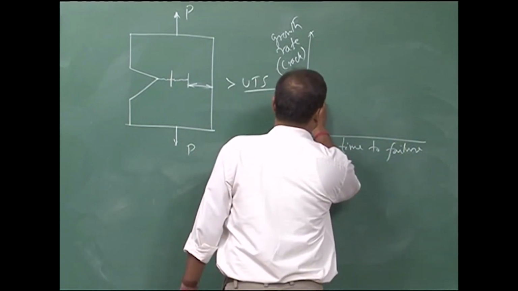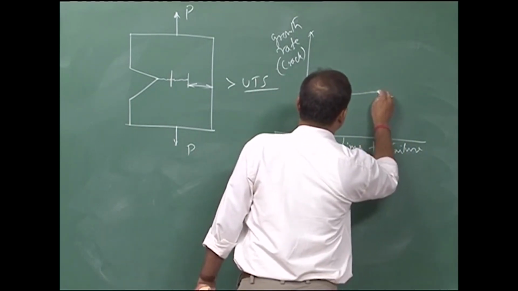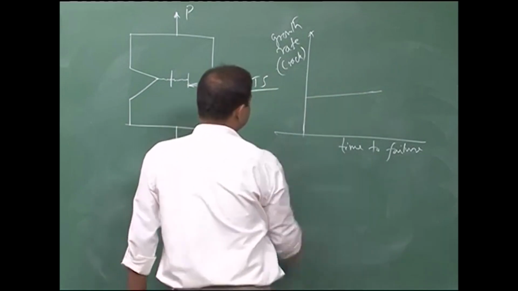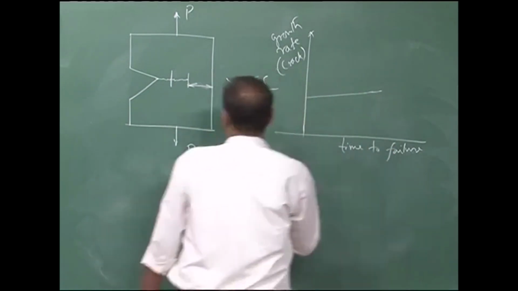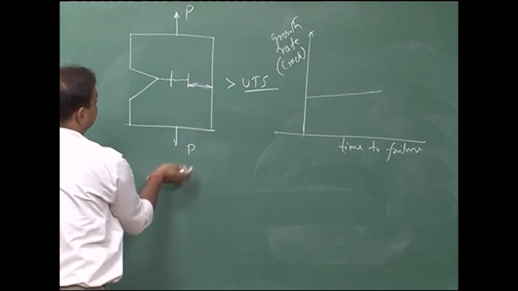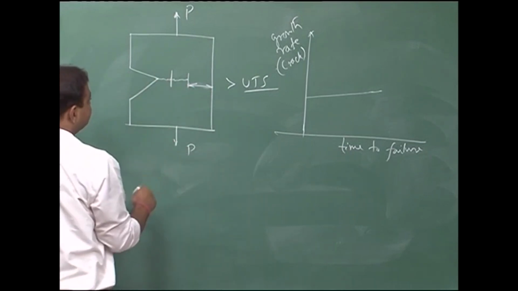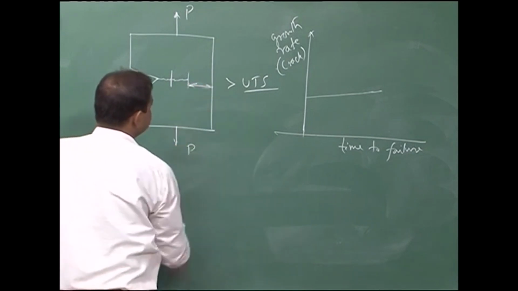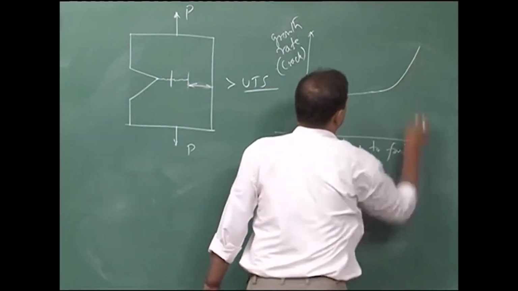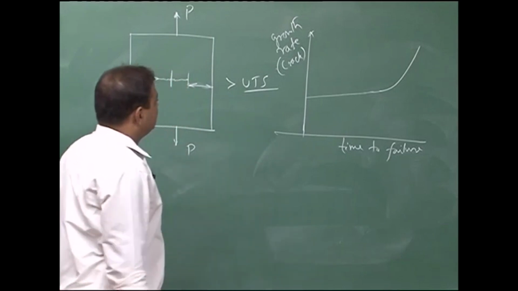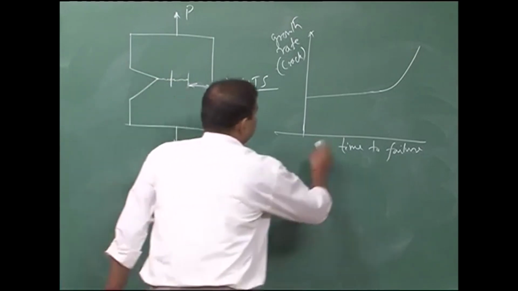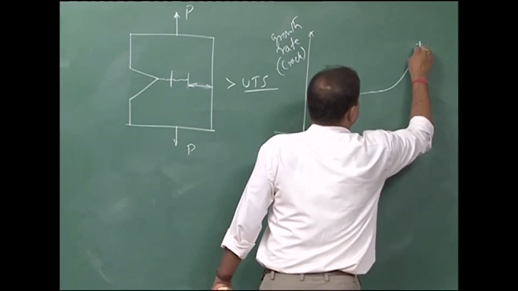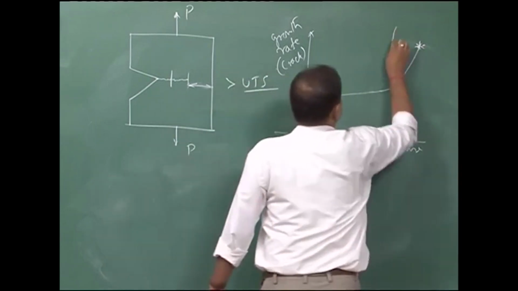Initially, the growth rate gradually increases and the slope is very small, and when it reaches this level where the stress experienced by this portion is more than the UTS, then the rapid growth rate would occur. Now, same thing, if we land here, the material fractures. Okay, this is the fracture point.